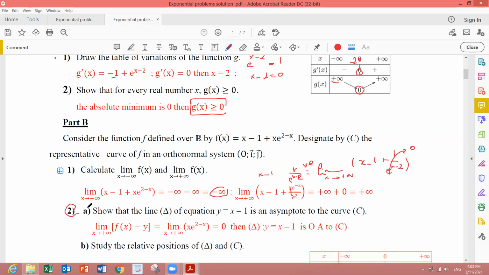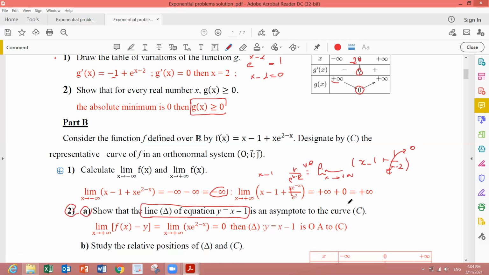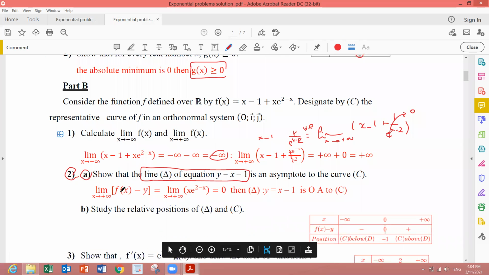Part 2a. Show that the line delta of equation y equal x minus 1 is an asymptote. Here I have to decide which infinity will make this limit 0, plus infinity or minus infinity. So I take the limit of f of x minus y as x tends to plus infinity, equal limit of x e to the power 2 minus x.